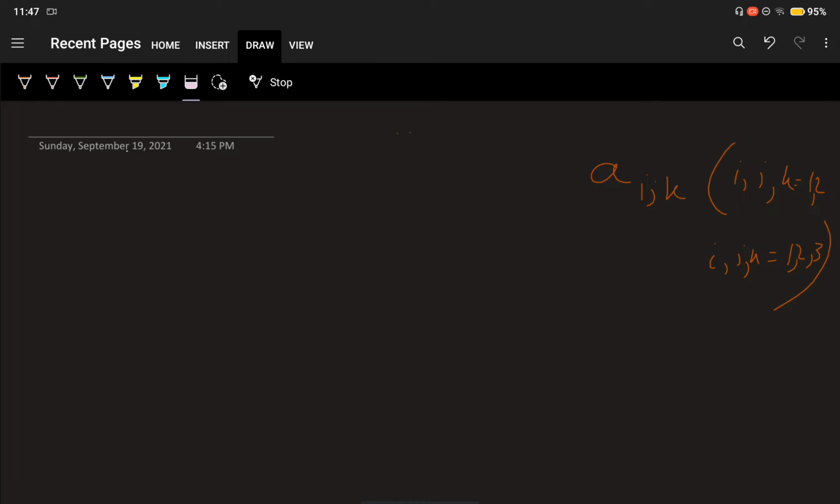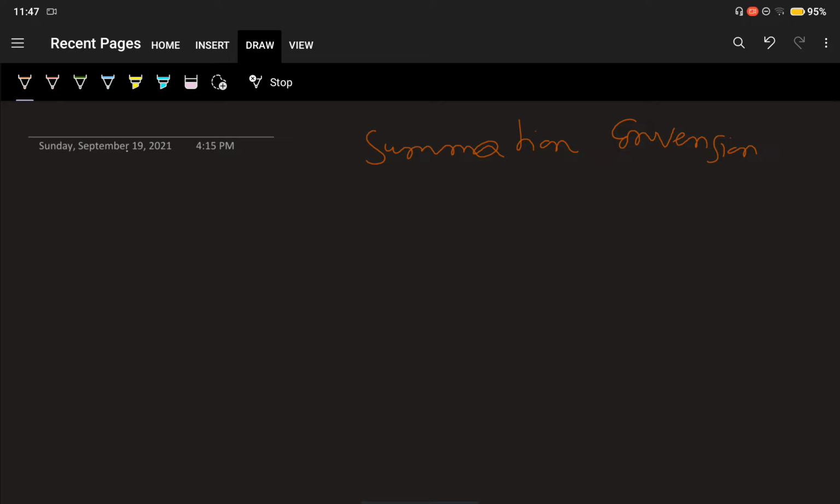Now the summation convention. The summation convention can be written as the sum from i equal to 1 to n of a_i x^i, so a1 x1 plus a2 x2 plus and so on to an xn.